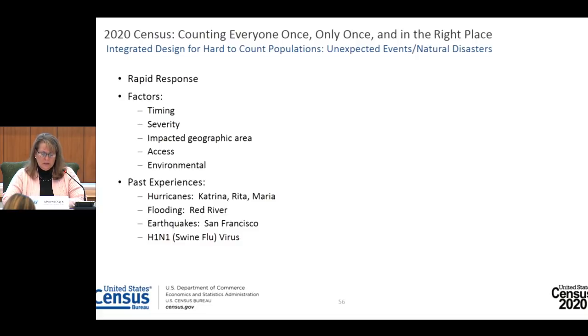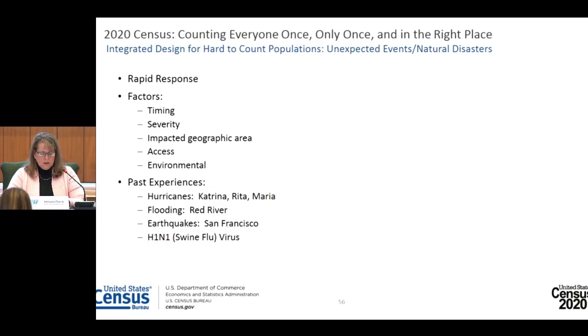How we react and how we approach the enumeration depends on the event. When an event occurs, we will form a rapid response team to assess the event and develop our recommended response to that event. In forming our response plan, we will consider timing, severity, the impacted geographic area, and other environmental concerns.